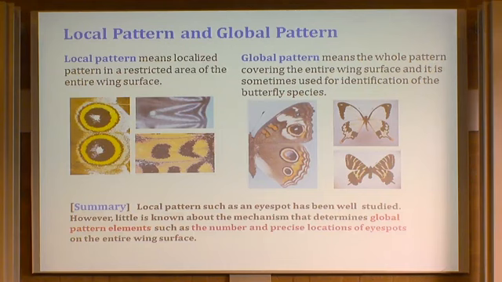Local patterns such as an eye spot have been well studied, including genetic research. Some specific genes have already been discovered and identified, but little is known about the mechanism determining global pattern elements, such as the number of eye spots or the precise locations of eye spots on the entire wing surface.